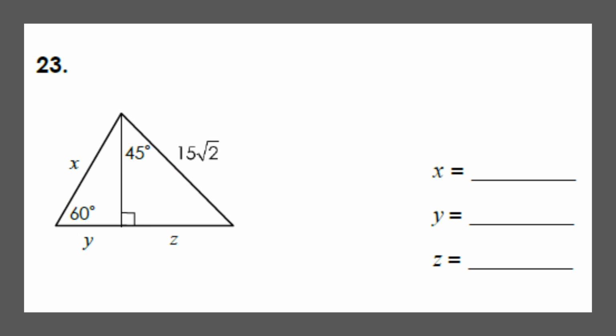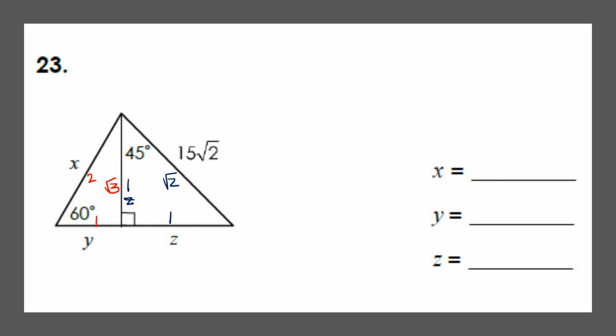Next example. Example 23. Again, it combines the two types of triangles. So on the 30, 60, 90, I have 1, 2, radical 3. On the 45, 45, 90, I have 1, 1, radical 2. Since this side is 1 and it matches side z, I could also call this z long.